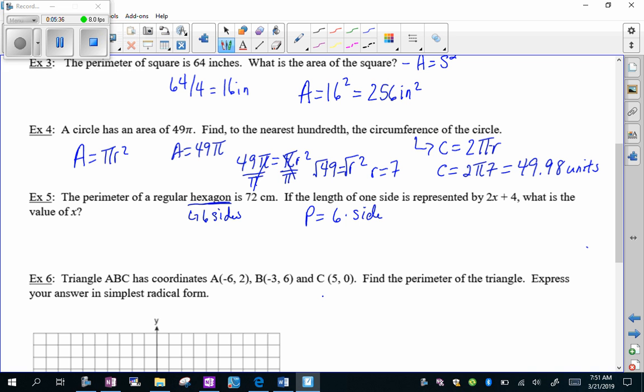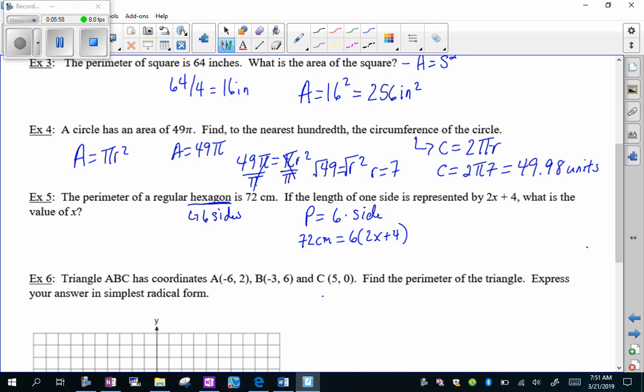I'm given what the perimeter is, so I'm going to substitute in because I know it's 72 centimeters. That's going to equal 6 times one side, 2x plus 4.